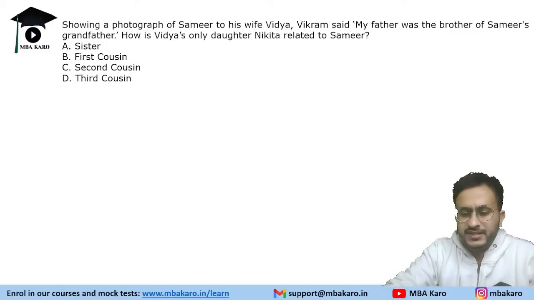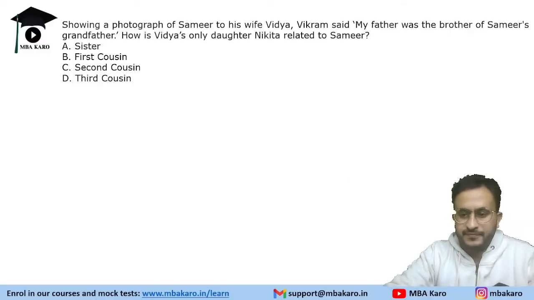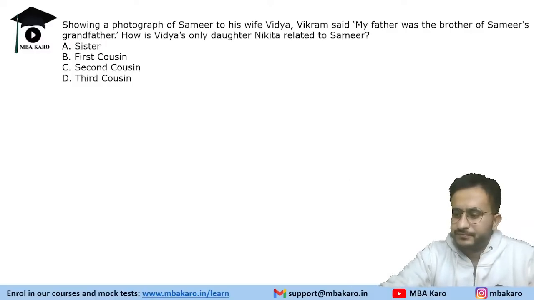Application based things, they try to make reasoning difficult in one, and as a result quant becomes easy and people score heavily. Because if they make quant tough, people start crying, because quant takes time to attempt.